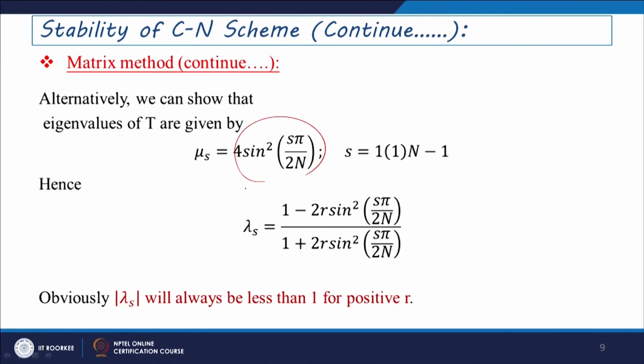Even for that condition, if you check this lambda s value, it will come as (1 minus 2 r sine square (s pi by 2n)) by (1 plus 2 r sine square (s pi by 2n)), since it is defined in the form of (1 minus 2 r mu) by (1 plus 2 r mu) there. So obviously if you consider this lambda s is less than 1 for all positive values, we can get this condition also.